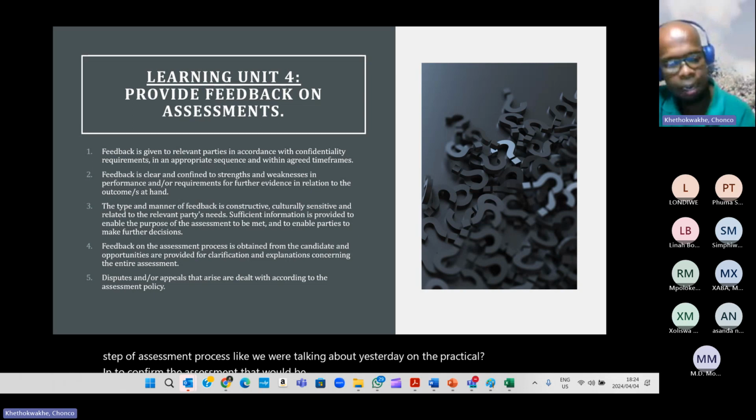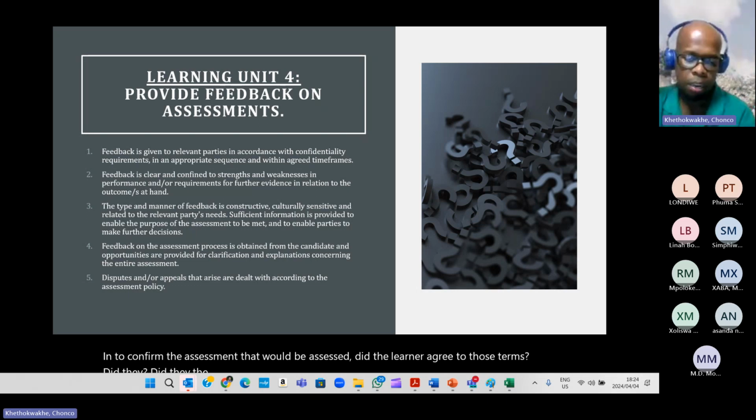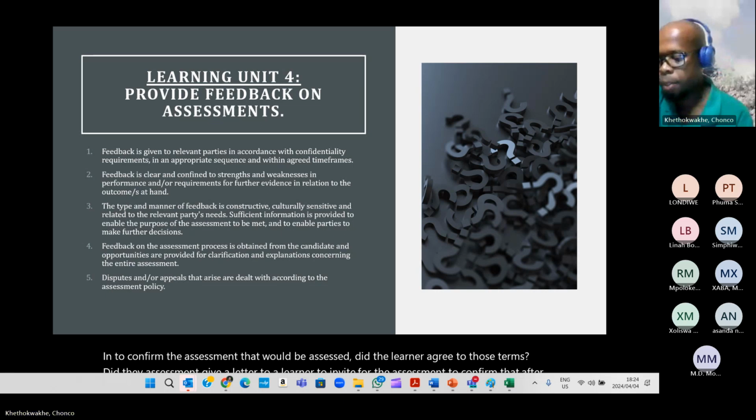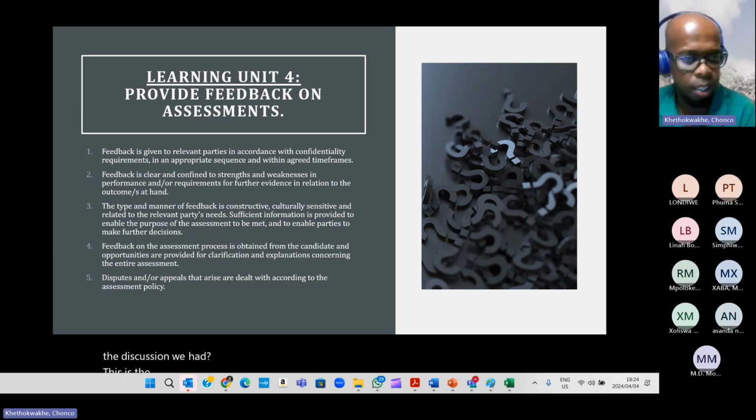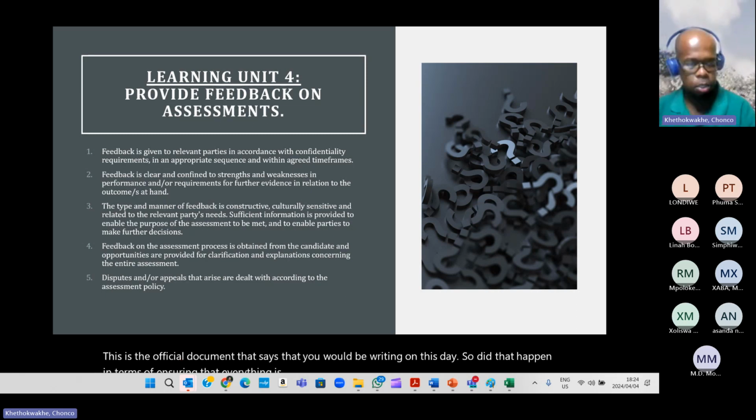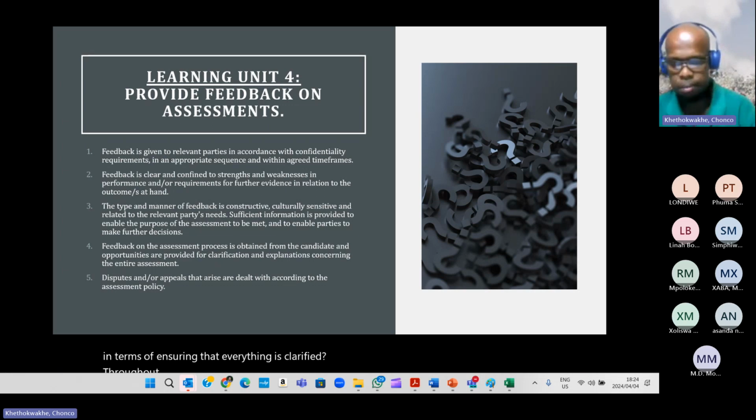Did the learner agree to those terms? Did the assessor give a letter to the learner to invite them for the assessment, saying that after the discussion we had, this is the official document that says you'll be writing on this day?